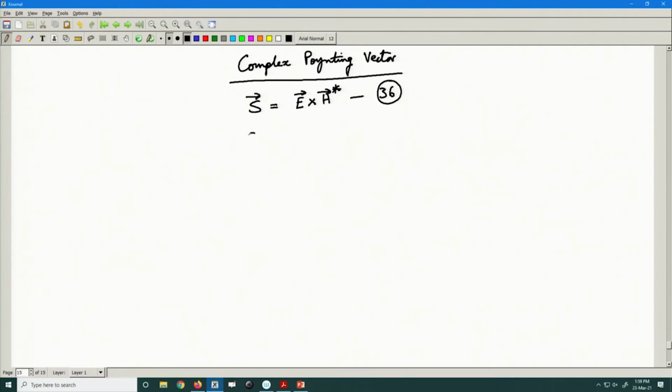That is, the time average of S_in is the real part of S. So, this constitutes a very important relationship, linking up the time harmonic form with the instantaneous form of the complex Poynting vector.